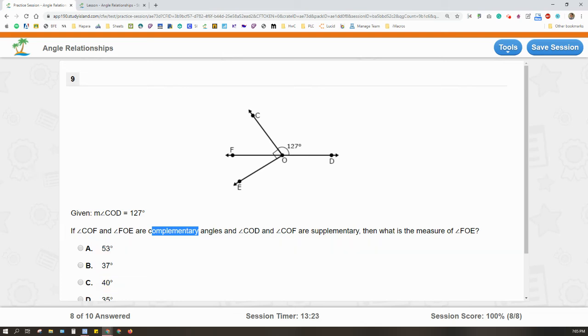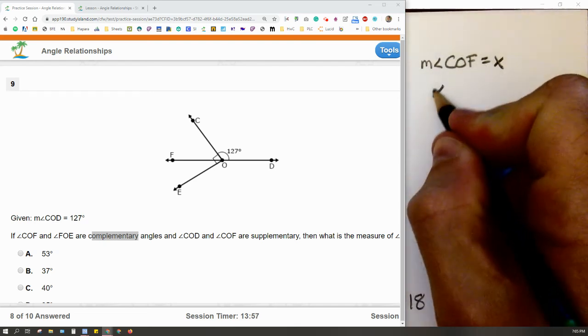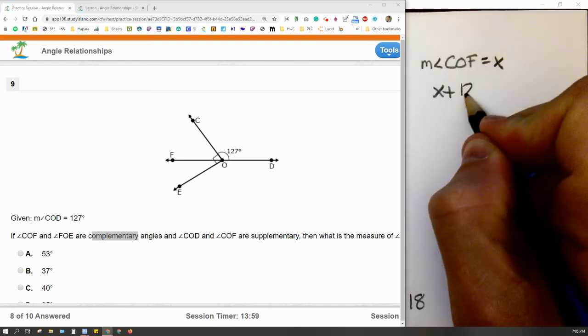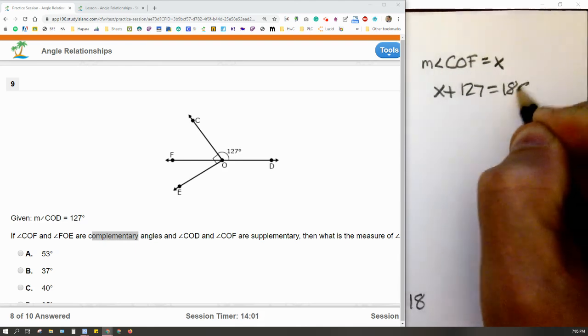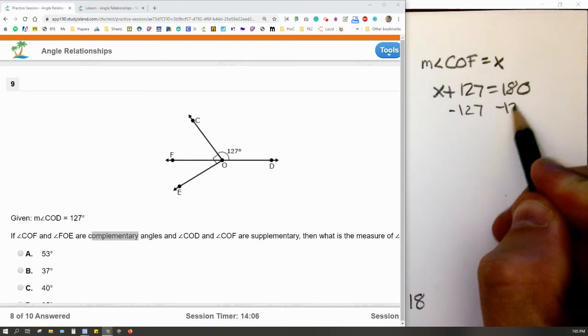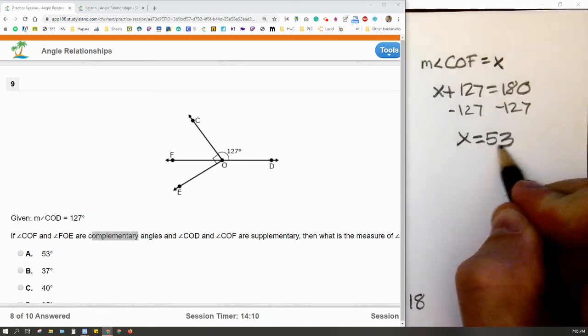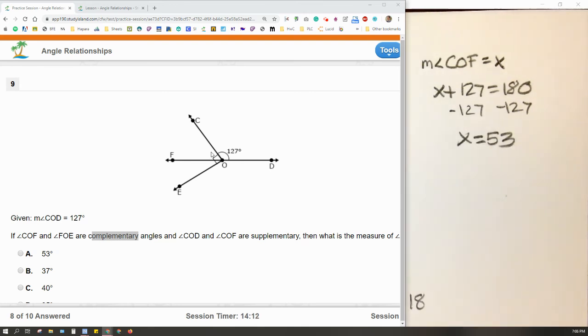Then X plus 127 equals 180. Then I can subtract 127 from both sides. So X equals 53. So the measure of angle COF is 53 degrees.